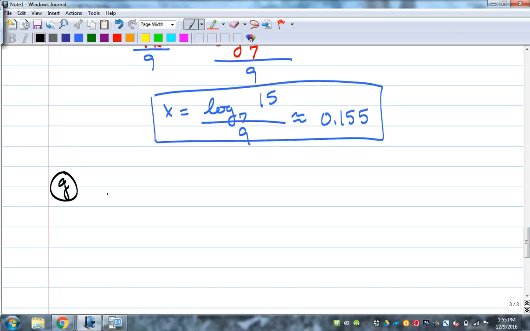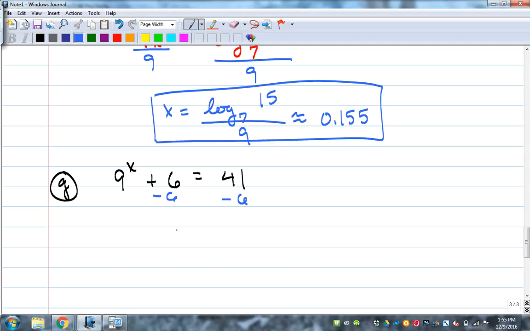Example G. 9 to the x power plus 6 is equal to 41. One more step. Get the variable part by itself.